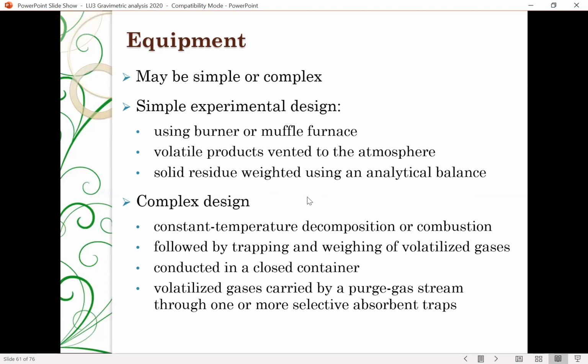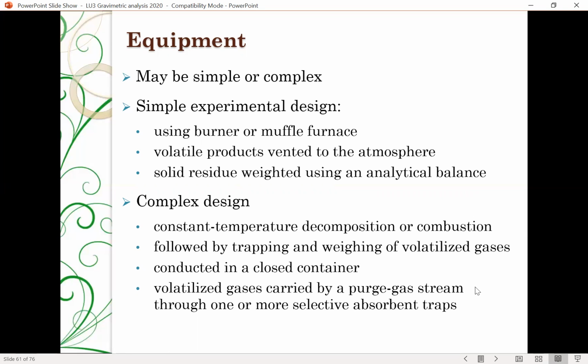Another option for volatilization gravimetry is a complex design, where we have constant temperature decomposition or combustion followed by trapping and weighing of the volatilized gases, as we had in our previous slides on the reaction between bicarbonate and sulfuric acid.